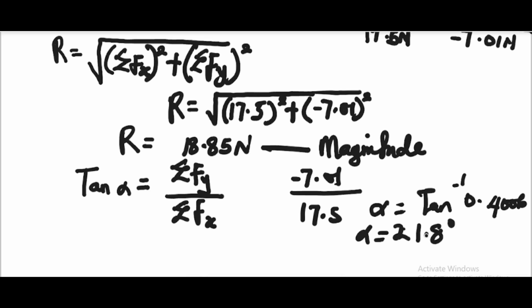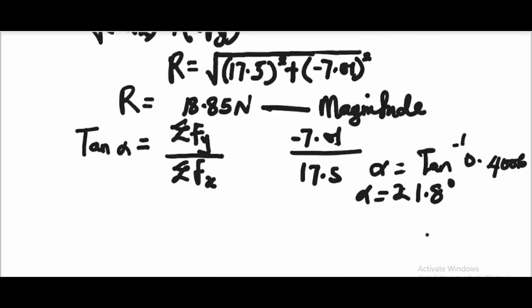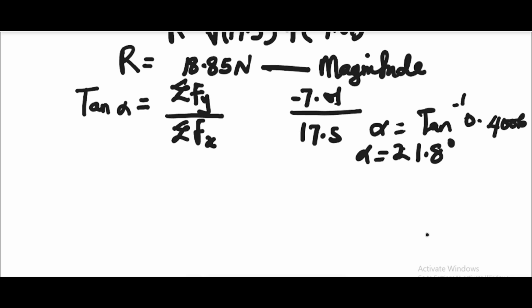So what is the direction? Since the y component is negative, the resultant acts 21.8 degrees below the horizontal, right? That is the direction.